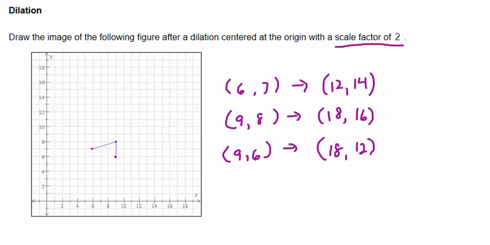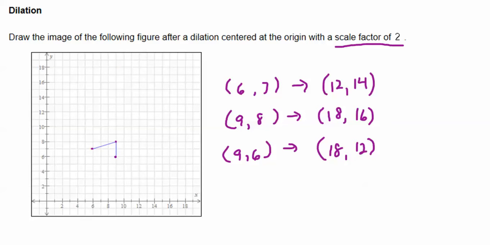Now that each of those x and y values has undergone a scale factor increase of 2, we're going to plot the three new ordered pairs, and they will create the same figure but under the dilation of a scale factor of 2.